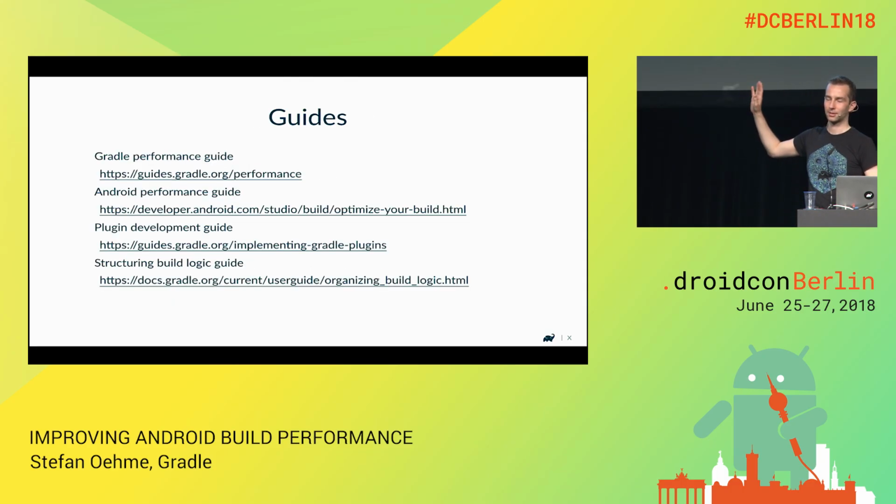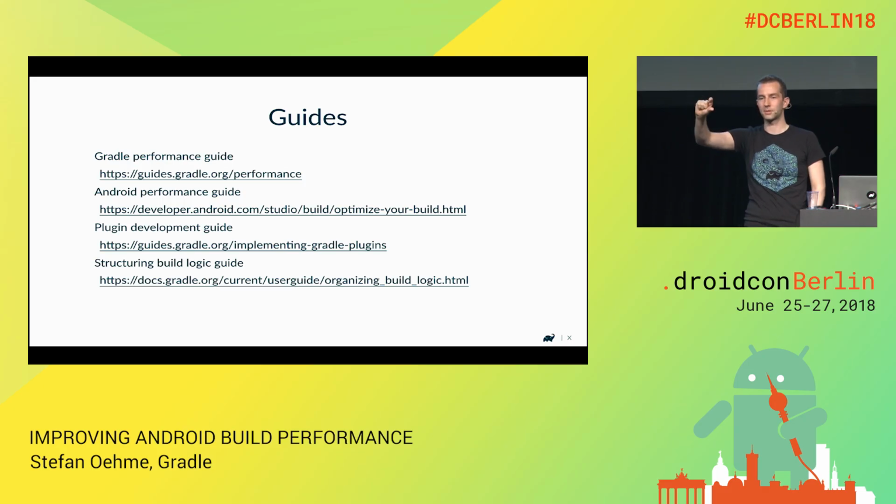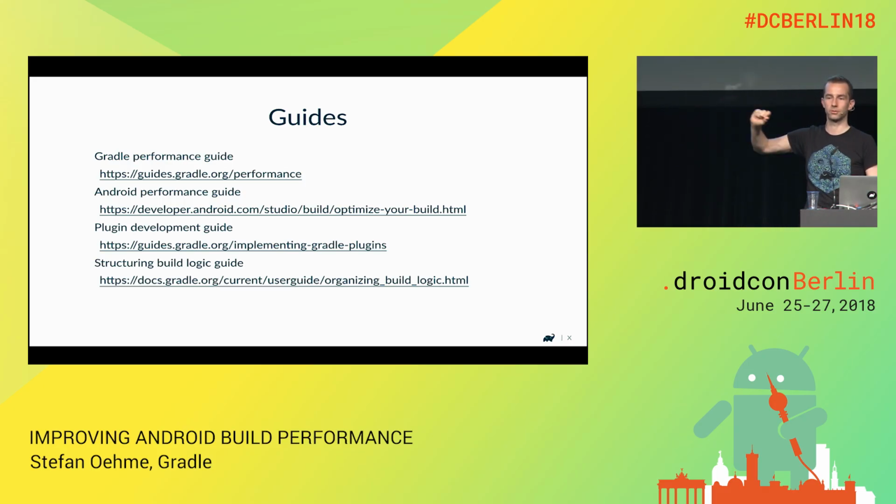There's guides covering every aspect of performance that you might want to look at. There's a Gradle performance guide, which talks about Gradle performance in general. There's also an Android performance guide, which is more of a cookbook, where you have little snippets of things that you might want to do to improve your developer builds. There's our plugin development guide.